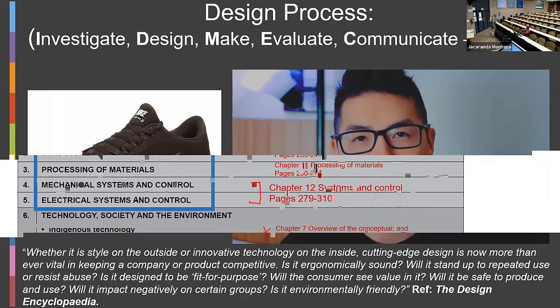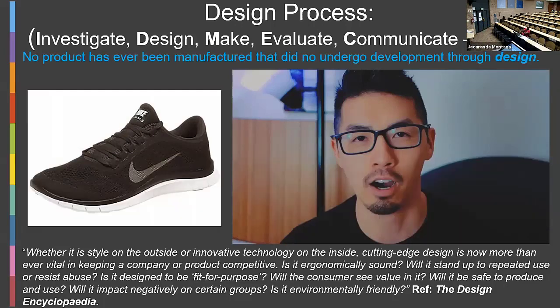Do you think they can still change it? Yes. So everything that's man-made went through a process. So no product has ever been manufactured that did not undergo development through the design process or a process that they use.